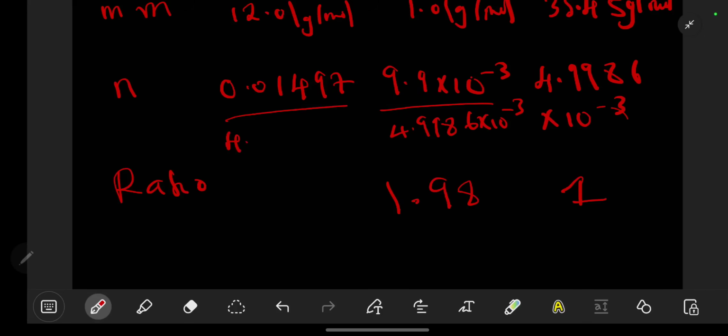We have 99.86 times 10 to the power negative 3, so when we divide that value, we get 0.01497 divided by 4.998 times 10 to the power of negative 3. So this value is equivalent to 2.995.